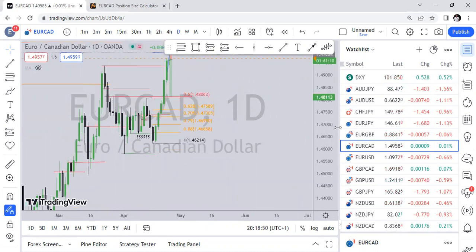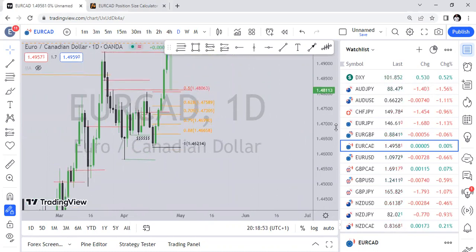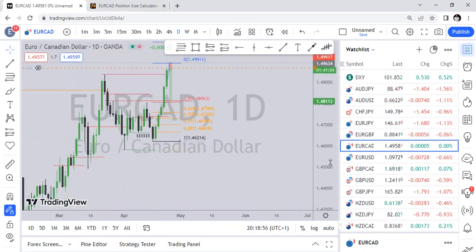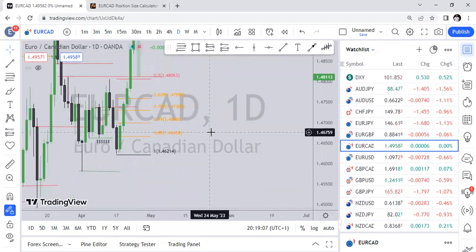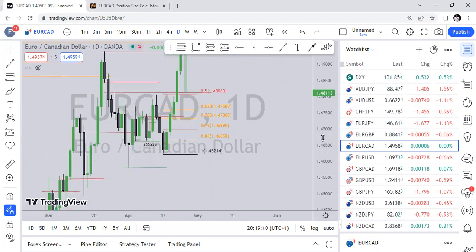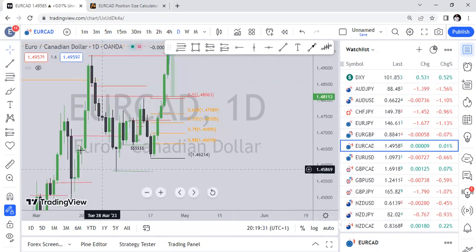The reason why most traders prefer using candlesticks is because candlesticks give you the information that you need to actually succeed as a trader. And that information is that in each candlestick, it doesn't matter the time frame that you are looking at, you have the low, you have the high, and it tells you where price opened and where price closed. So this is what you need.